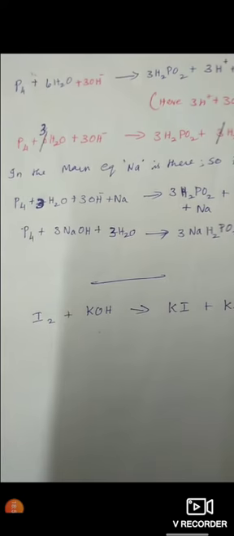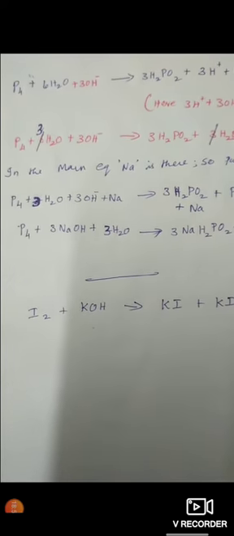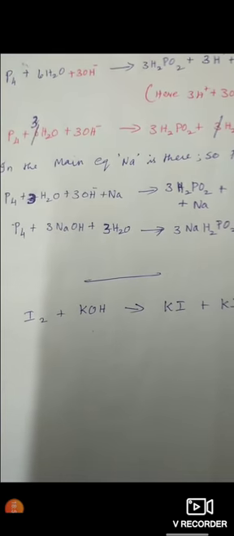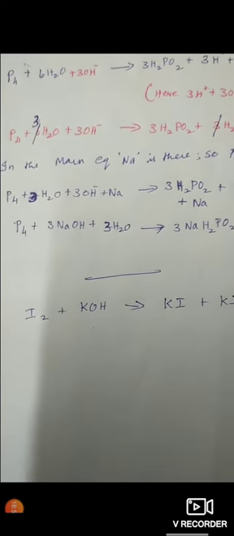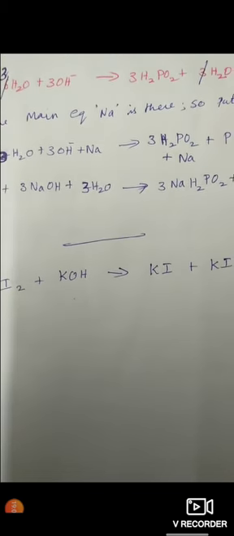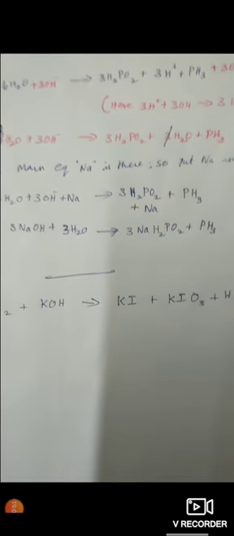To balance hydrogen we are adding H plus. The charge should be neutral, so if plus 4 is there, we add 4 electrons. Finally we add both and simplify the equation. So it is very interesting, just like a game, you can balance this.